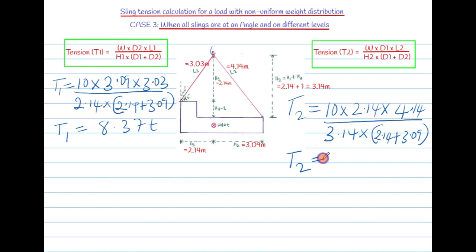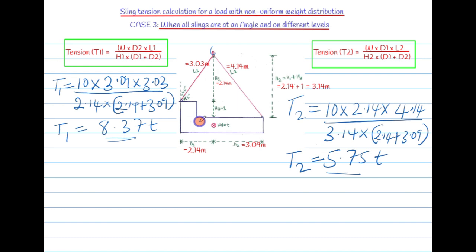T2 is equal to 5.75 ton. The load being lifted by L1 is 8.37 and the load being lifted by L2 is 5.75. The load at L1 is higher because the COG is close to L1.